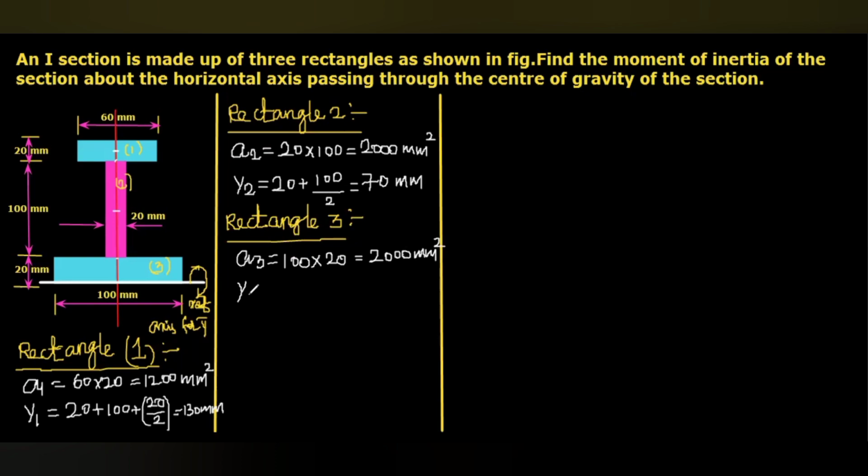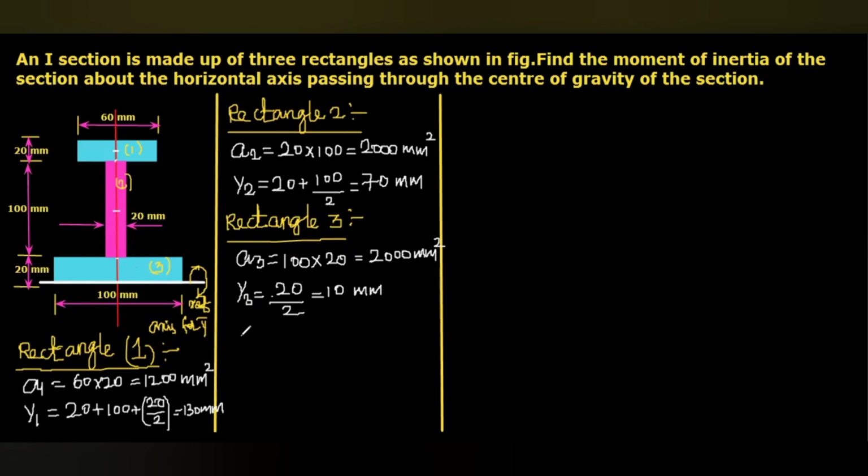And y3, here this bottom line of the rectangle lies on the reference axis for y bar calculation. So it will be just 20 by 2, that is equal to 10 mm.